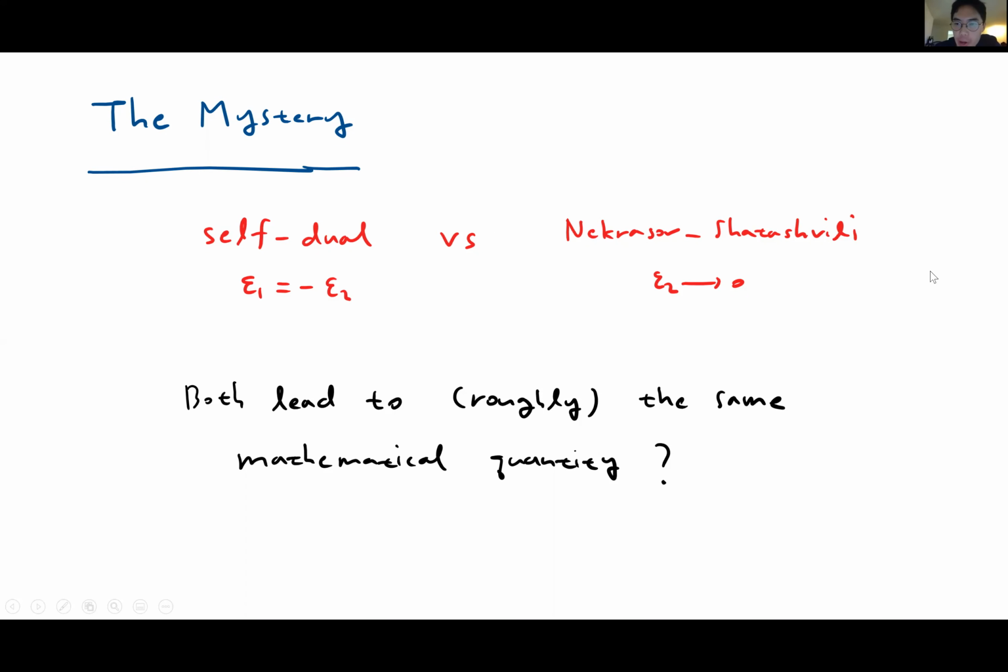Meanwhile, in the second way, we are dealing with the Nekrasov-Shatashvili limit, where epsilon 2 is going to 0. So what's happening here? We're basically getting the tau function of Painlevé VI in two different ways. But in the former way, we have epsilon 1 equals minus epsilon 2. On the other hand, we have epsilon 2 going to 0. So how do we reconcile this?